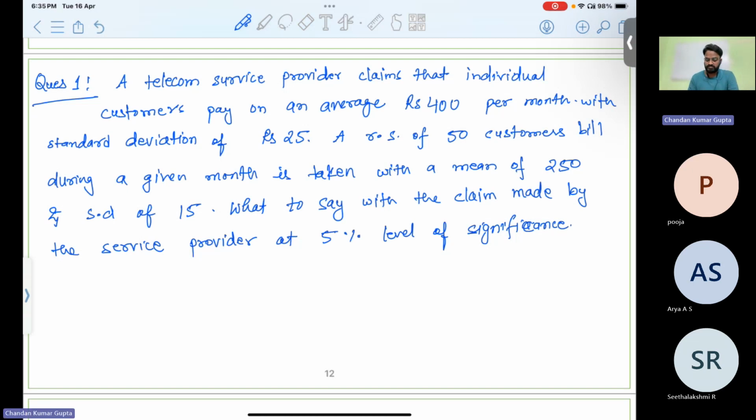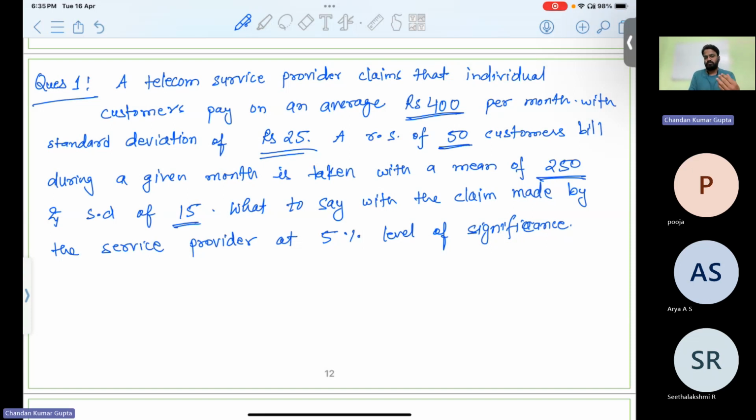Here we are given a telecom service provider that claims an average customer pays 400 rupees per month with a standard deviation of 25. When we take a sample of 50 customers, the sample mean is 250 and the standard deviation is 50. We need to check whether the claim the service provider made, that it is 400, is true or not.